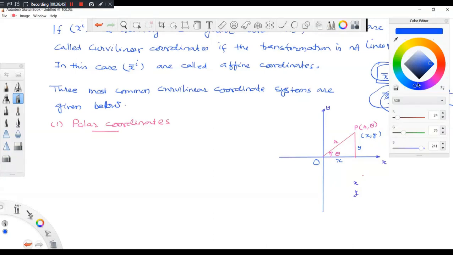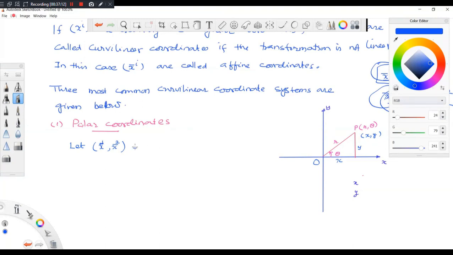Here I use a new notation. What is a polar coordinate? Instead of x y, I am writing x1, x2. Let me have it with a bar, x1 bar, x2 bar.